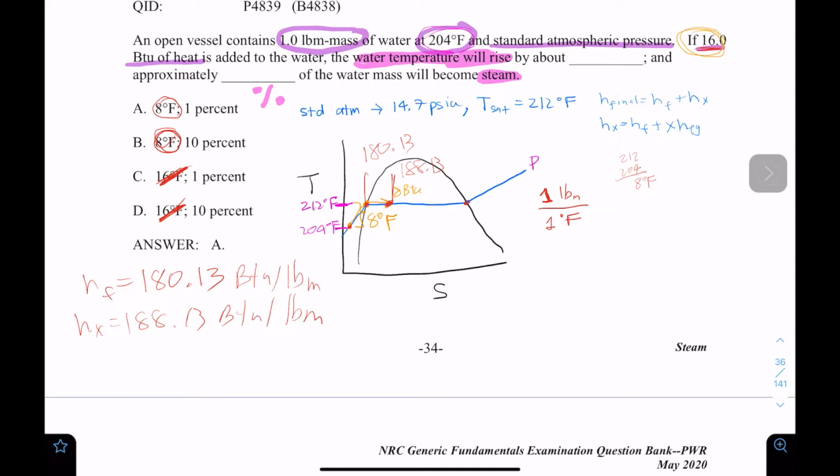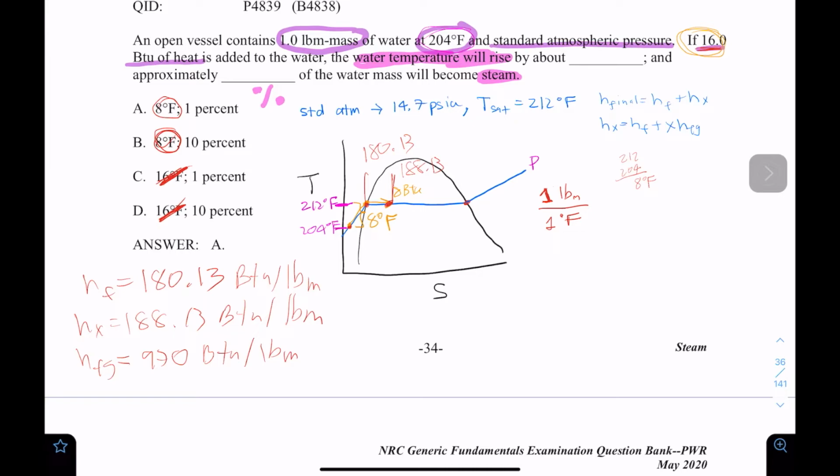Because that's the amount that I'm increasing, but in percentage, how much is that going to be? And in order to calculate that, that's why I need to use this other formula. Okay, so now what's my HFG? My HFG is going to be 970 BTU per pound mass, right?